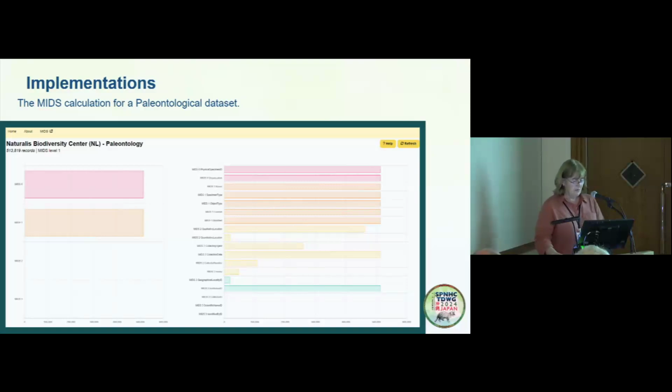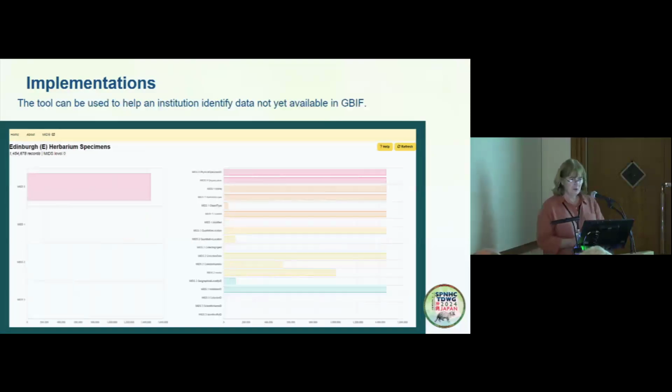And just finally, from our own experience at the Royal Botanic Garden, Edinburgh, in the herbarium, we can see that the tools can be used to help identify data not yet available in GBIF. So these data are also often captured in the collection management system, or they may be easily included in the static metadata for the dataset being uploaded.